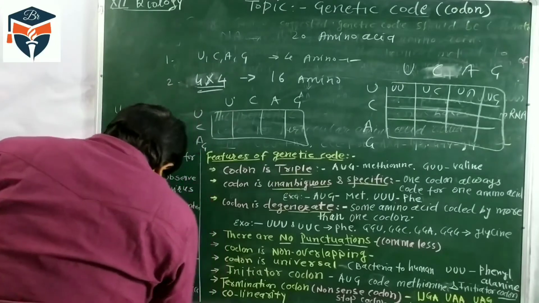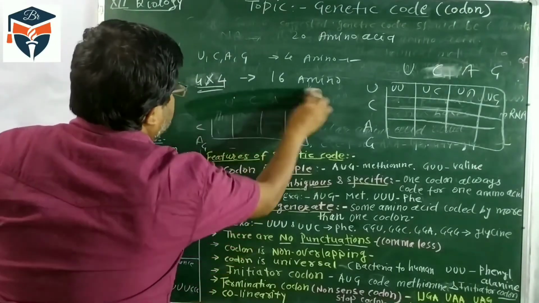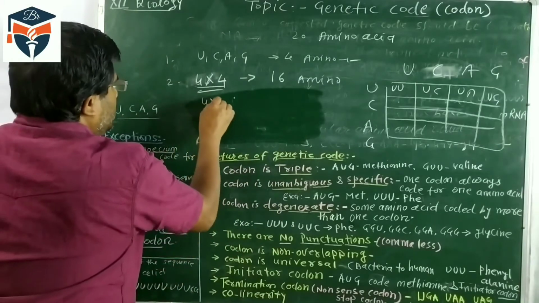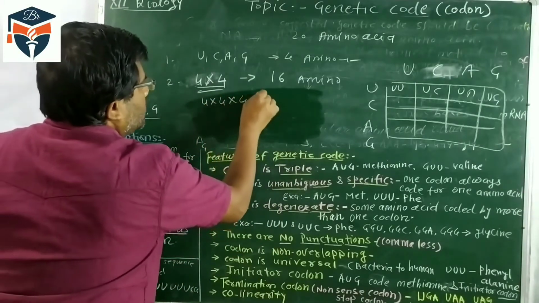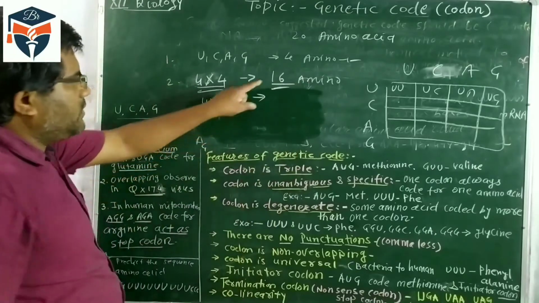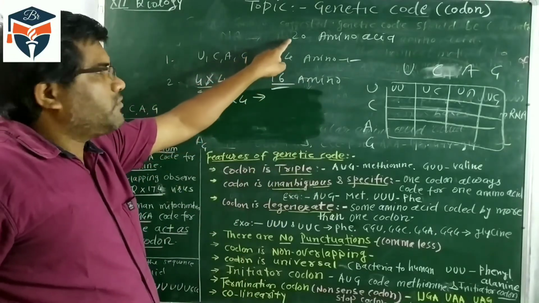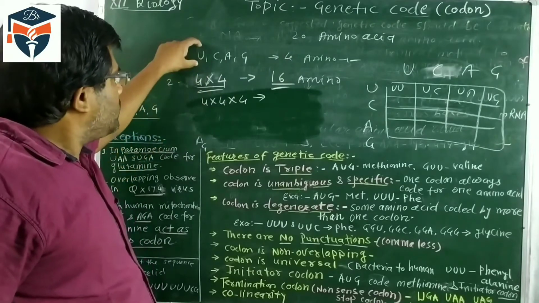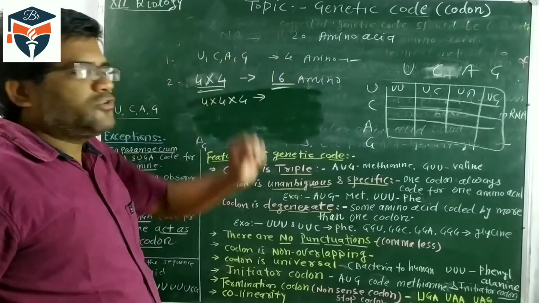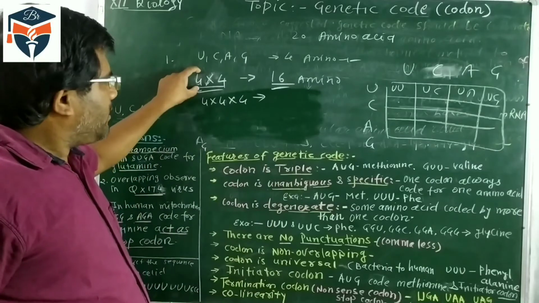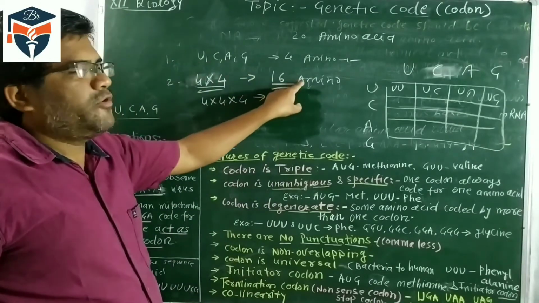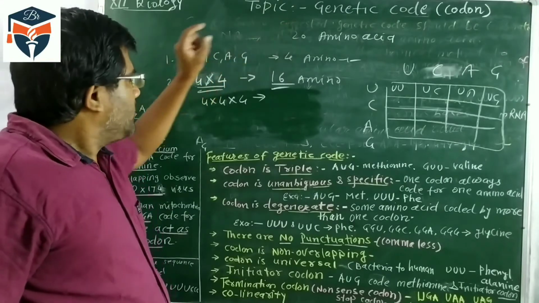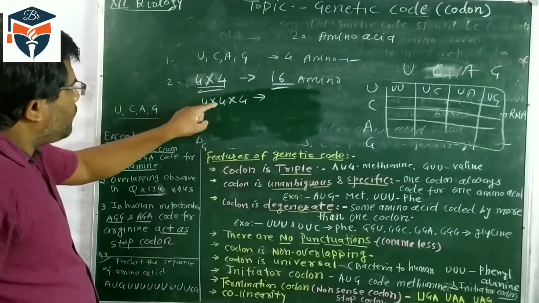But if we take the base as a triple, what happens? 4 into 4 into 4. With a double, 16 amino acids will form, but we have 20 amino acids, so the code is not double. The code is not single, because only 4 amino acids are formed. If we take double nitrogenous bases, 16 amino acids are formed, which is not feasible to code the 20 amino acids.